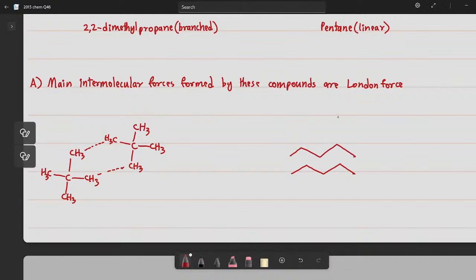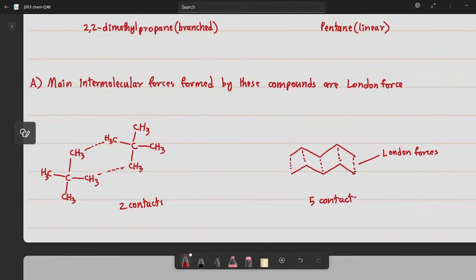These are the skeletal structures of pentane, and these are the London forces formed. We can clearly see that there are only two contacts formed here, but here we can see around five contacts.